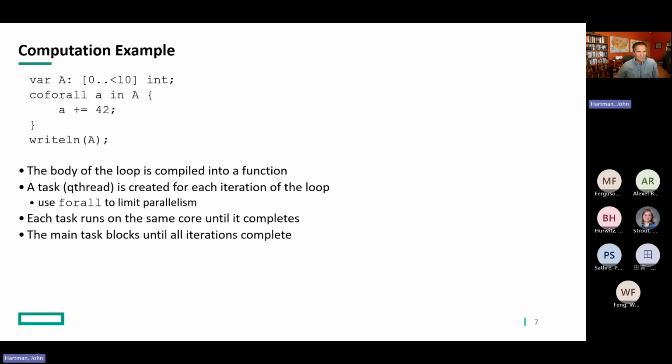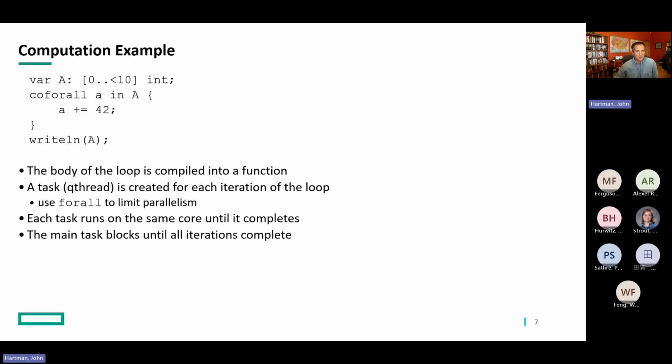construct. So when the compiler hits this code here, this coforall, the coforall is going to execute each of the iterations of the loop in parallel. And so what's going to happen is the compiler is going to change this body into a function. So it's going to compile it into a function, with a particular name.